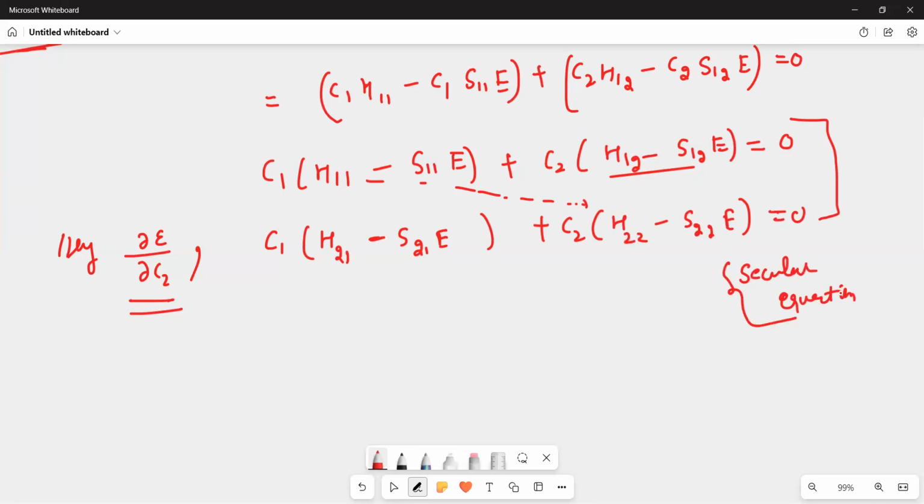You can see here we have two terms row-wise and two terms column-wise. This is the first term, this is the second term. In a row we have two terms, in a column also two terms, so we will generate a determinant of order 2 by 2.